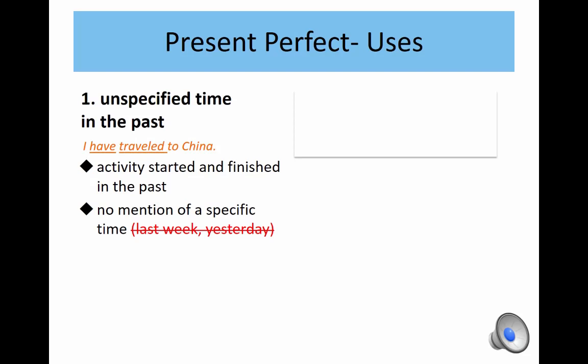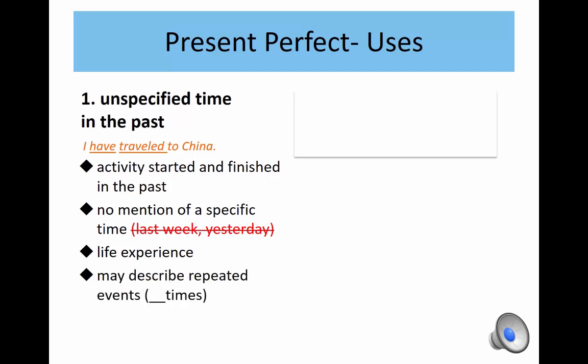So for example, we can't say last week or yesterday. It's not important when the event happened, but rather it's about life experience. We can also use the present perfect in this way to describe repeated events in the past. For example, I have traveled to China 3 times.